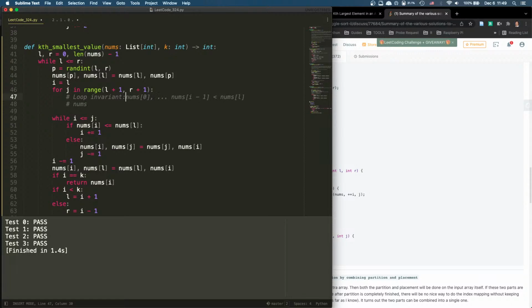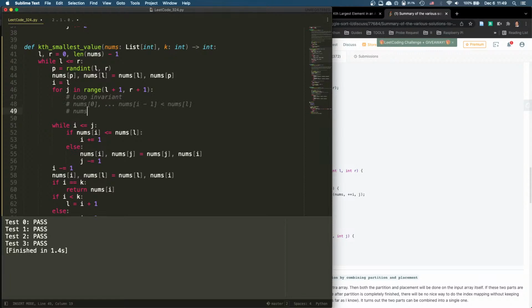Nums J to the end. Now nums I to nums J minus 1 are larger, because if it's smaller, then we swap.